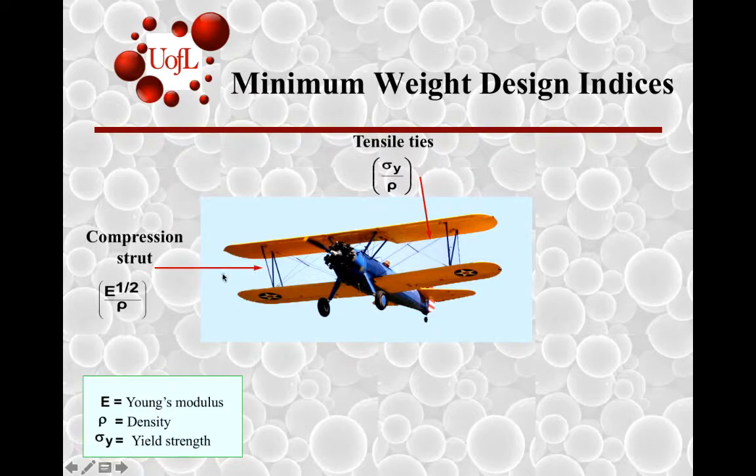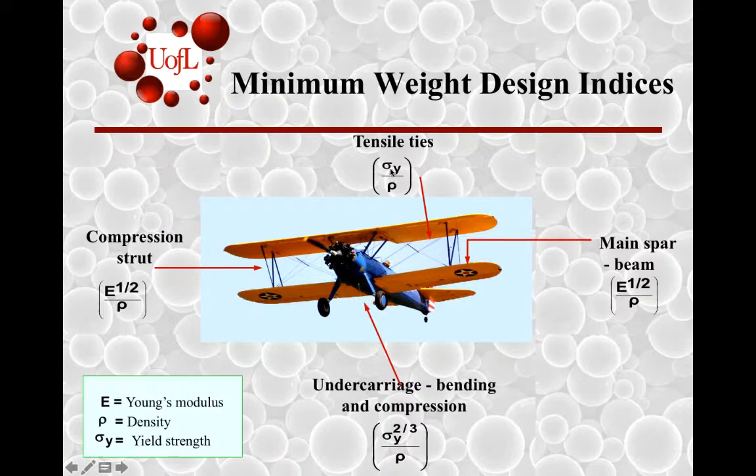If it's a compression stress, you want E raised to half divided by rho as the material index. You take a different geometry and a different loading condition, for instance this spar beam, and you'll find out that sometimes the indices are the same even though they're completely different as geometries and loading condition.